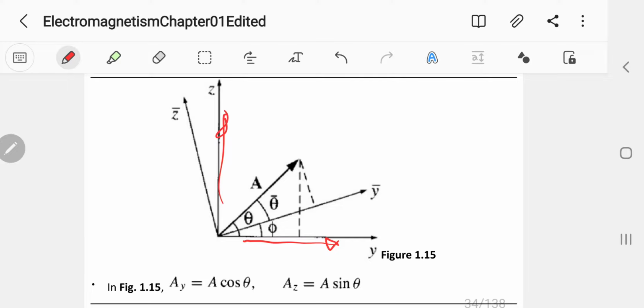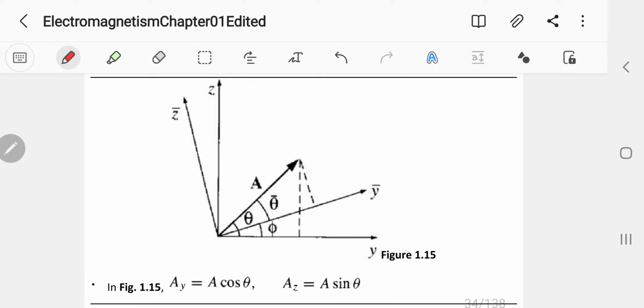And of course, since we tilt the x-axis by an angle phi, so we have here the tilted angle phi, and so the components of A will be changed in y bar and in z bar.